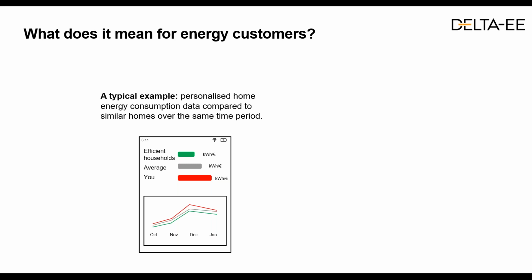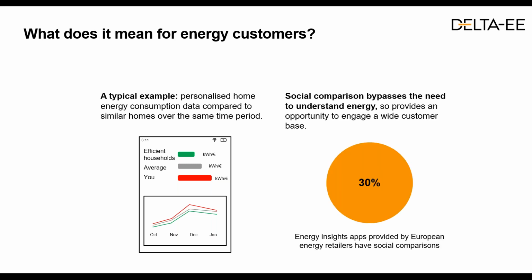On the left hand, you can already see a very typical social comparison example. It compares customers' historic energy consumption with the average households and the most efficient households. So basically, why are energy companies sending social comparisons to their customers? On the right hand, you'll be able to see that with all those insights, customers don't have to understand the complicated relationship between kilowatt hour and their cost.